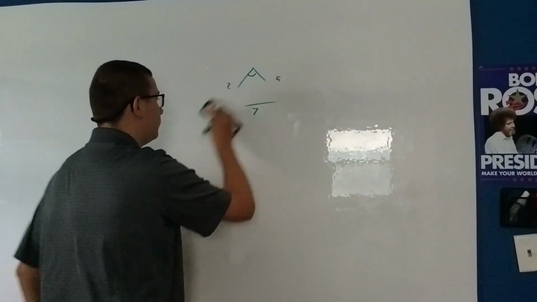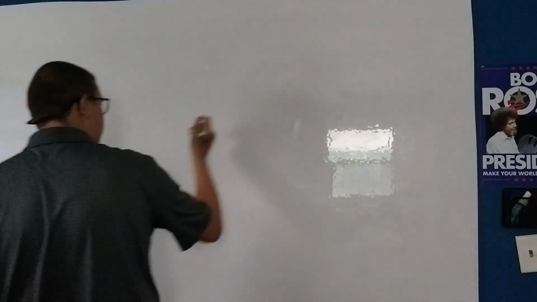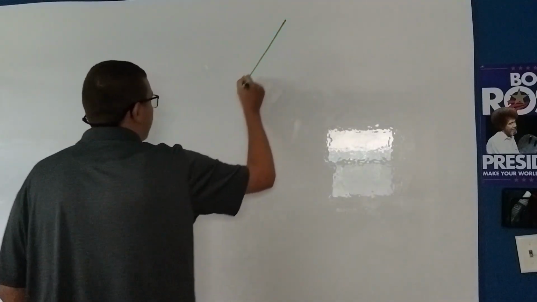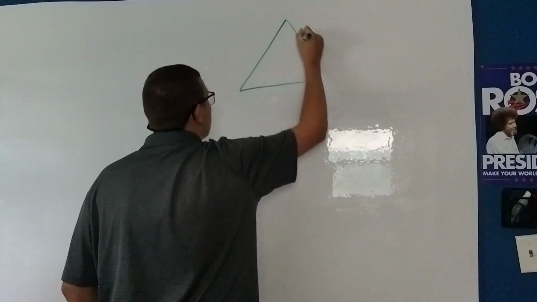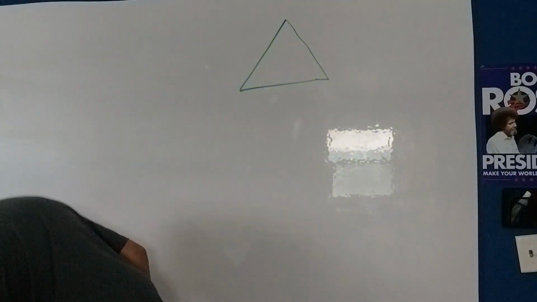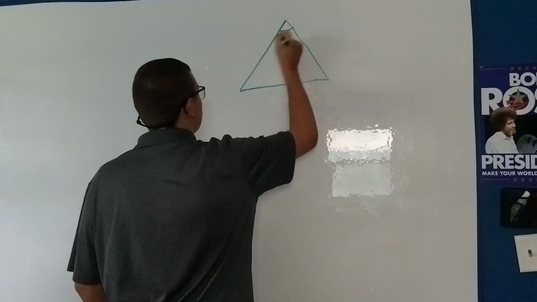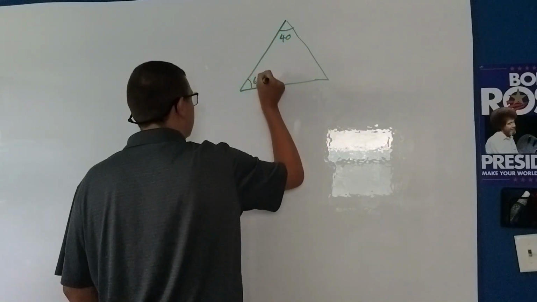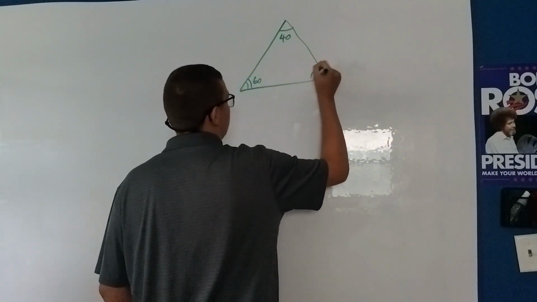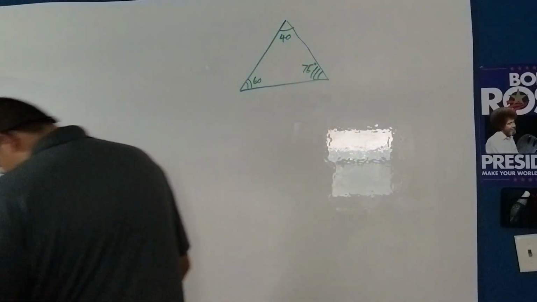But what we can also do with this is, if we have another triangle like that here, 40, 60, 75. We say this is 40. This is 60. And this is 75.